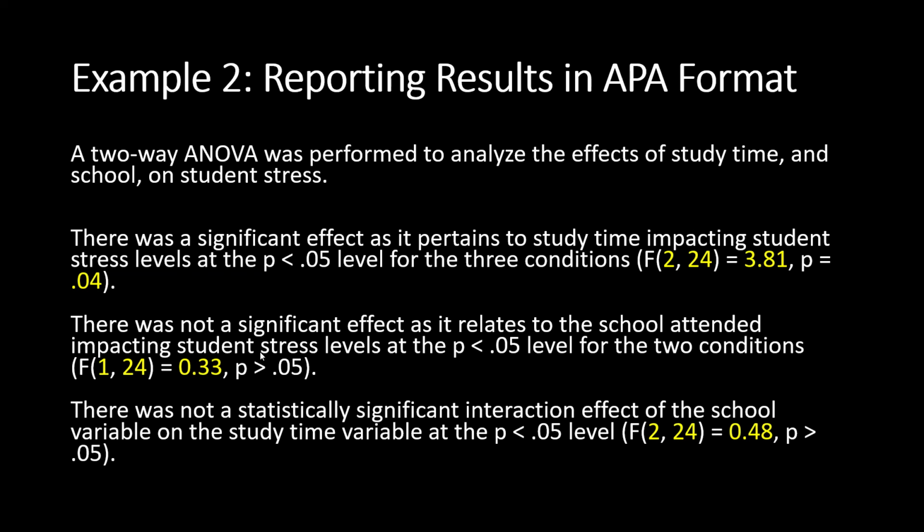the F value in each instance, and only one p-value is reported here because this value is less than our alpha value of 0.05, and so this was found to be significant. Not significant, greater than 0.05, not significant, greater than 0.05.